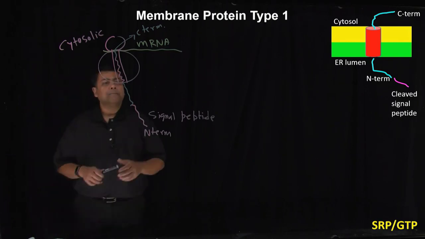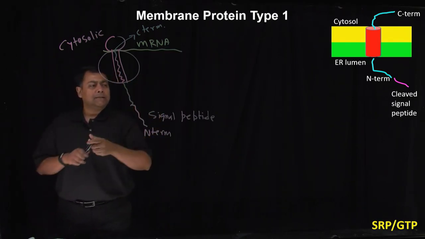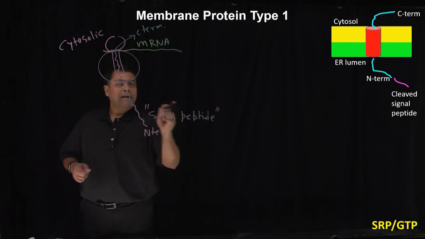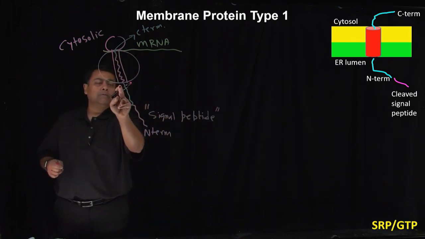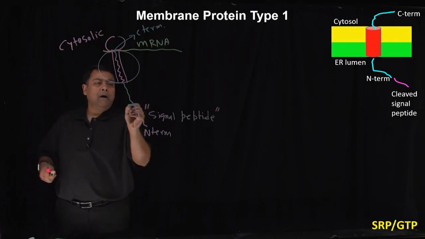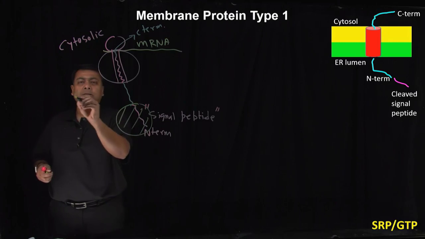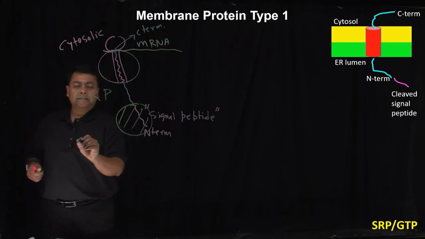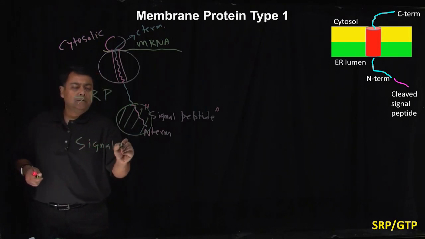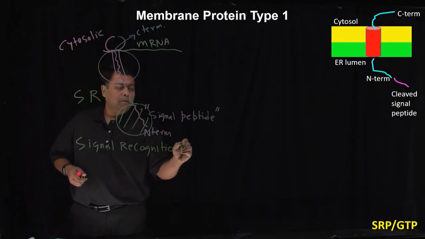But fast forward: as soon as this signal peptide comes out of the ribosome, it will immediately be covered by a protein which we know as the SRP, the signal recognition particle.